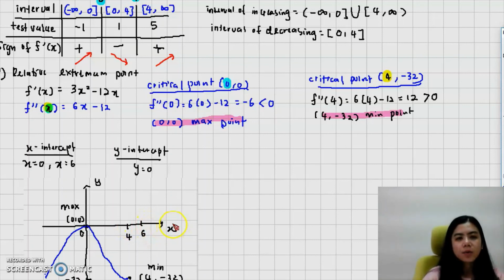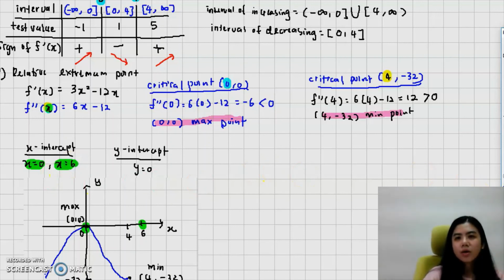But be careful when you draw that, because we have the x-intercept, which is 6 just now. Let me use a color to highlight it. This is the x-intercept. So make sure that the curve that you draw going up passes through the 6, the x-intercept here.